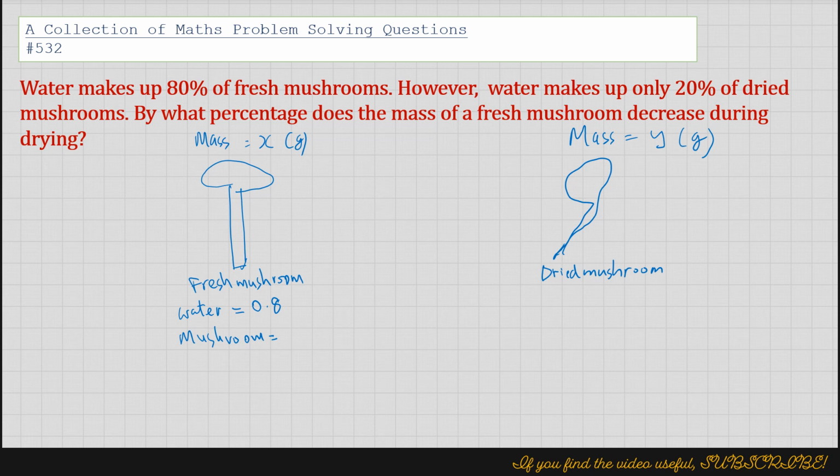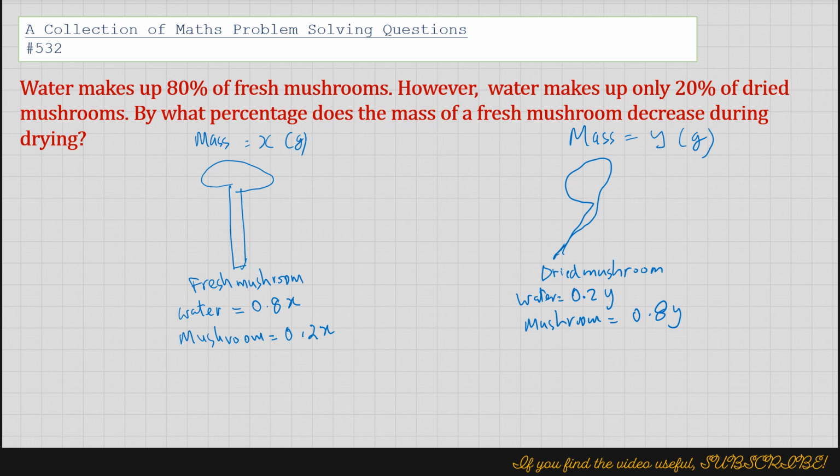So the water is 0.8x, and the mushroom part would be 0.2x. And in the dried mushroom, the water is 0.2y, and the mushroom part is 0.8y.